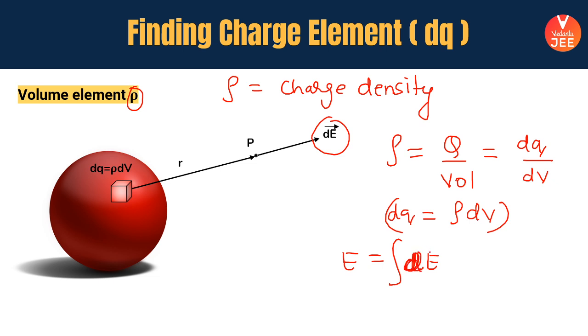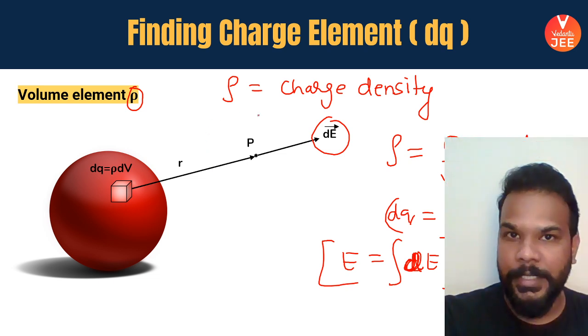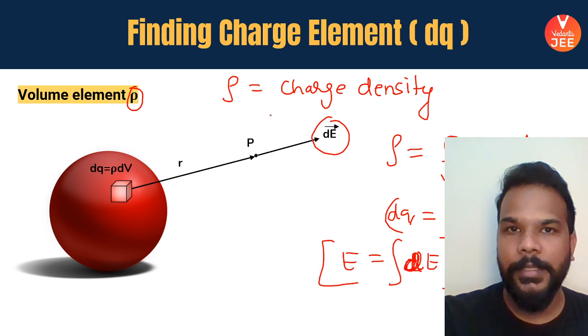How do we integrate? Don't worry, I'll give you an explanation on the basis of certain objects today only. That is what I'm here for, to help you out. Use the method of calculus to find the electric field due to various elements and various different charged objects.